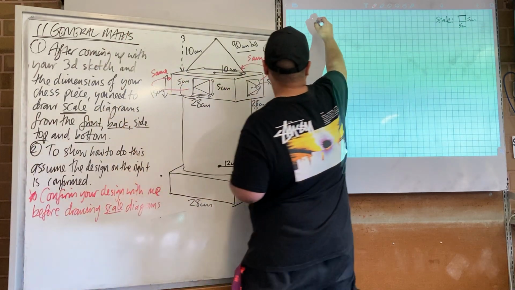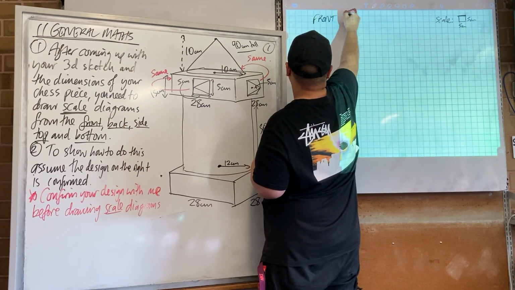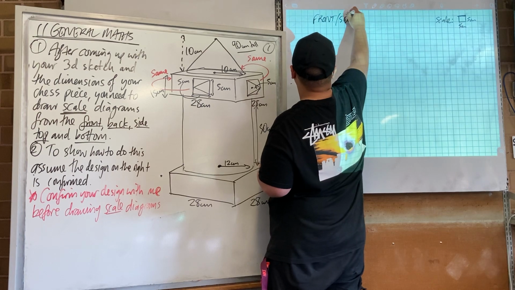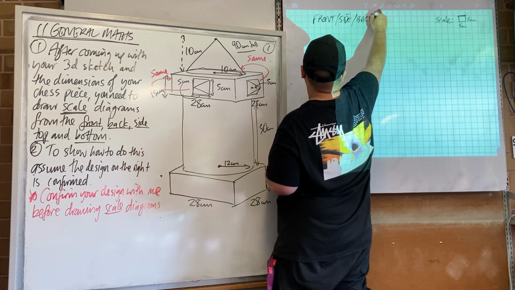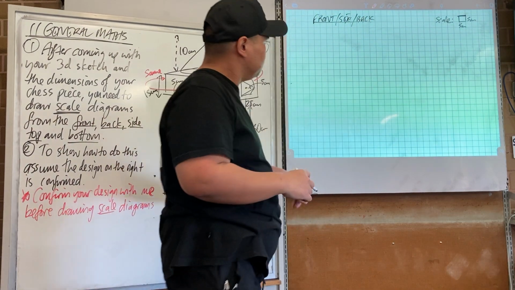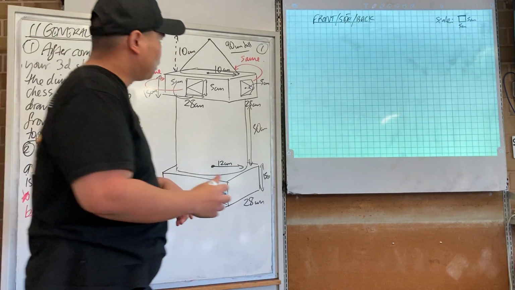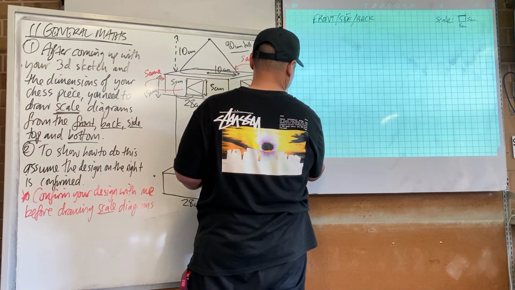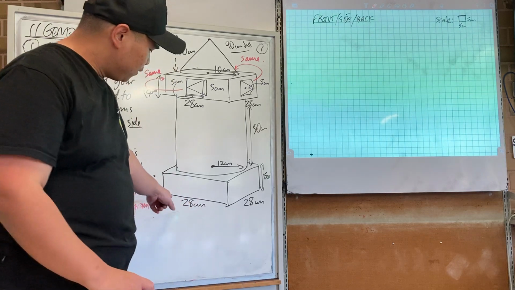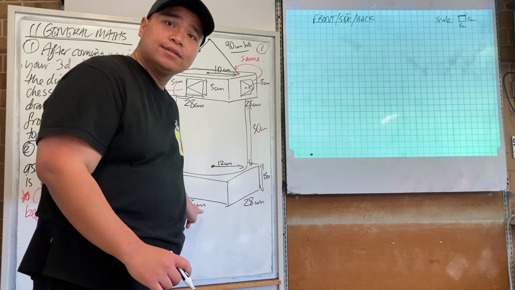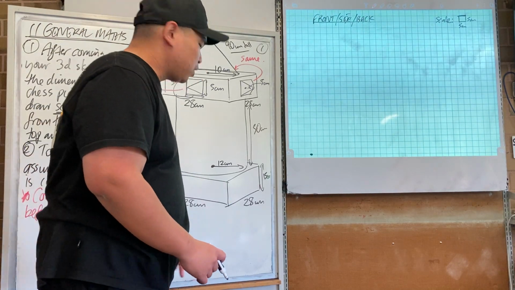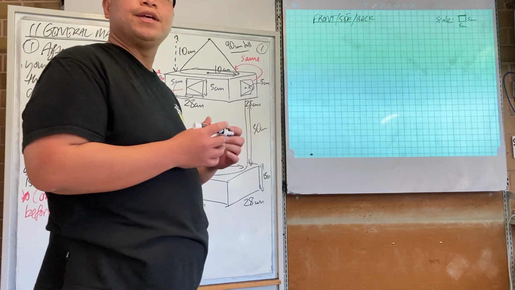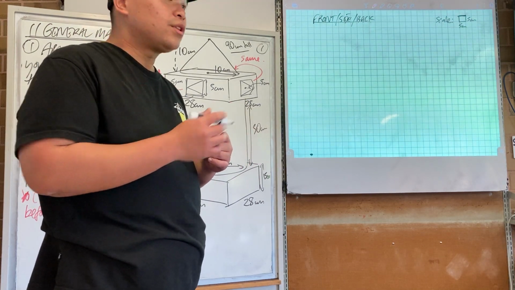Well, I'll label what it is I'm trying to draw, and I'll start from the bottom. This is my bottom corner here. If this is 28 centimeters wide, what's the closest multiple of 5 to 28? 30?